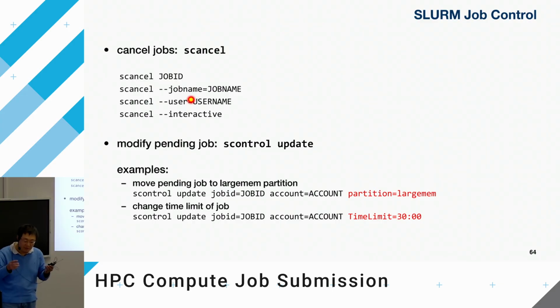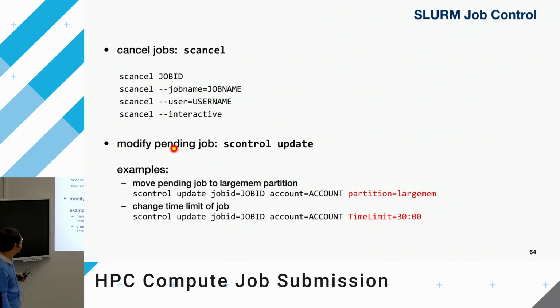So basically, if you are a normal group member, apparently you can only cancel your own jobs. But a project coordinator may have the privilege to cancel jobs from some other users. Or you can cancel interactive jobs.